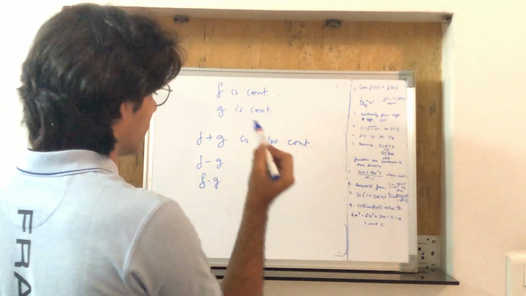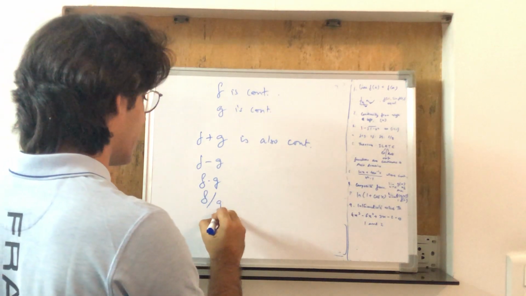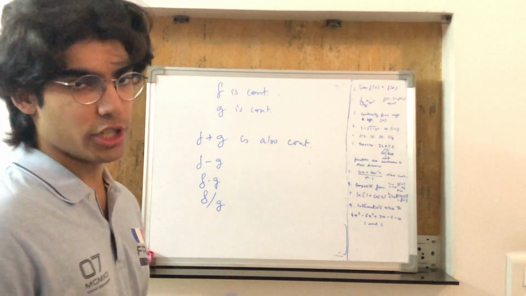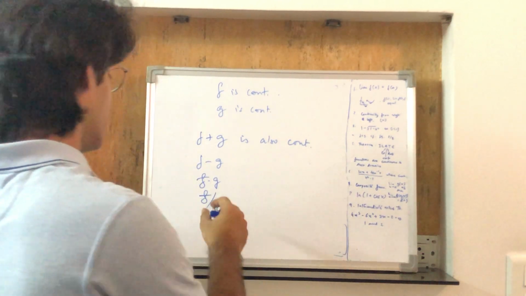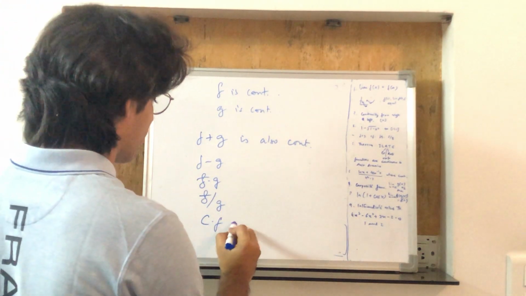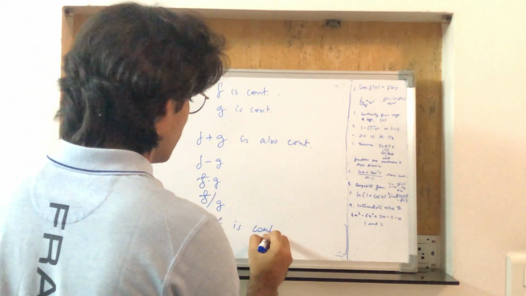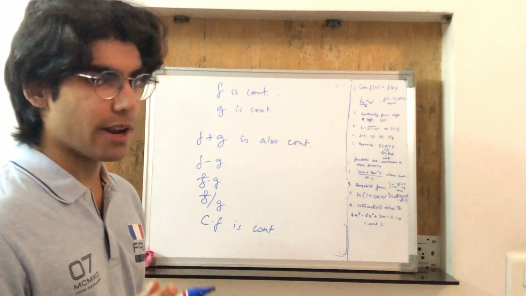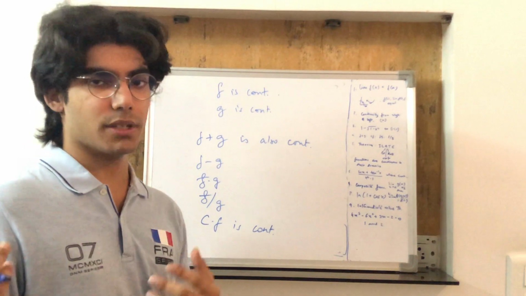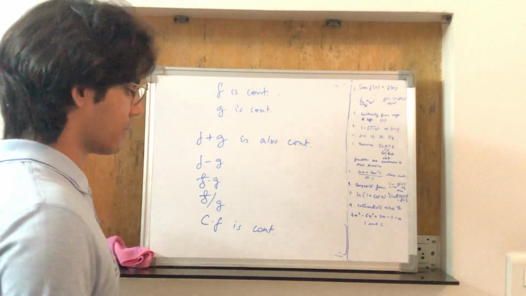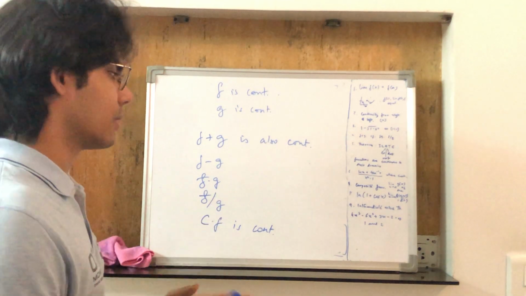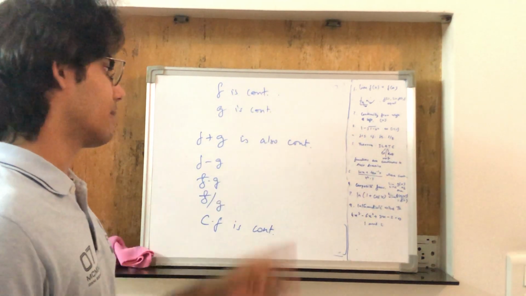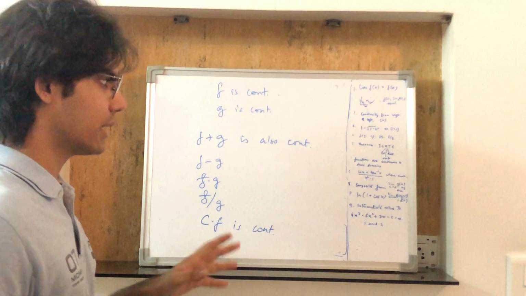F times g is continuous. F divided by g is continuous, but when g does not equal 0. And also c times f is continuous as well. If you remember, c is the scalar, and we've covered that in the previous video, so do look into that as well. C is only like 1/2 times this function f, that is also continuous if I know f and g are both continuous. This is pretty straightforward.